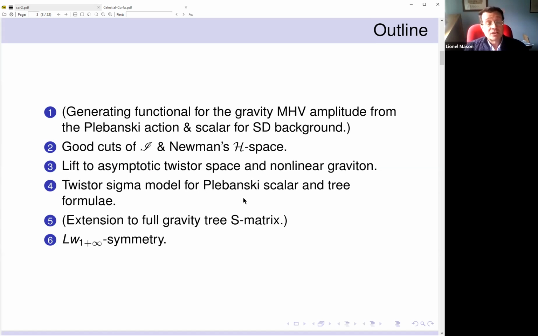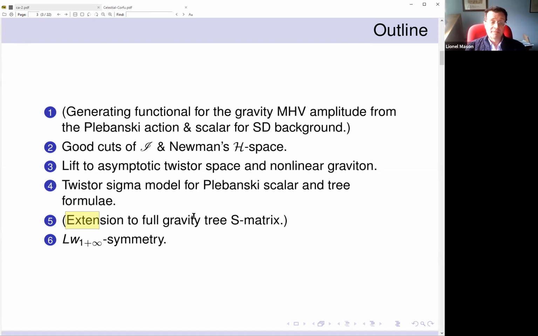We'll show that this directly gives rise to the Plebanski scalar and the Plebanski space-time action. So this is a direct connection between the space-time action and tree formulae for scattering amplitudes, at least at MHV.